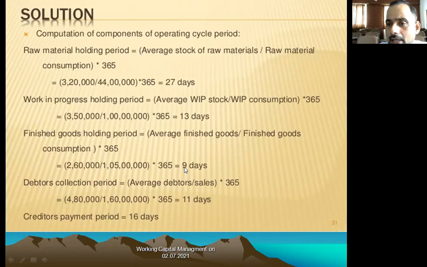It is very easy to calculate. Now the debtors collection period equals the average debtors divided by the sales, multiplied by 365 days: 4 lakhs 80,000 divided by 1 crore 60 lakhs, multiplied by 365 days. So it will be 11 days. The creditors payment period is 16 days.